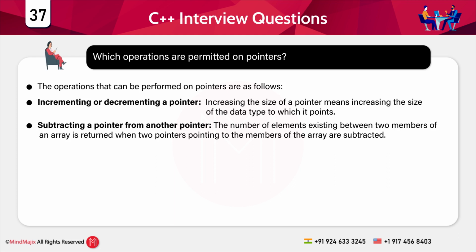Basically this means increasing the size of a pointer, so it implies that you can increase by the size of the data type to which it points. The second operation is subtracting a pointer from another pointer. The number of elements that exist between two members of an array is returned when two pointers pointing to members of the array are subtracted.